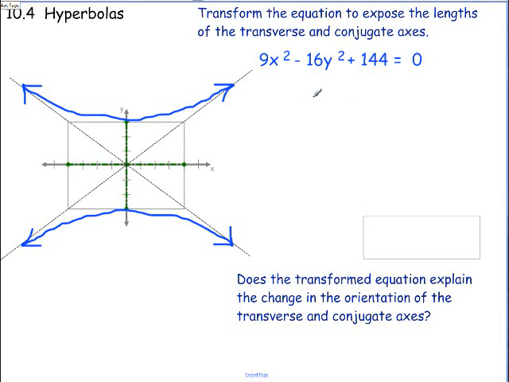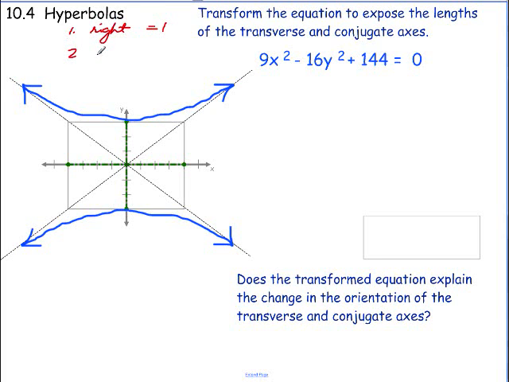Let's do this one. Now this looks pretty familiar to us. It's got some of the same numbers. Do you remember what our steps were? First, we wanted to have the right member be equal to 1.